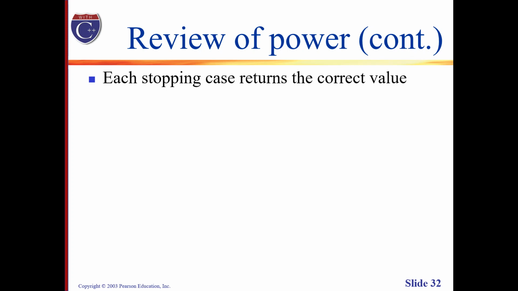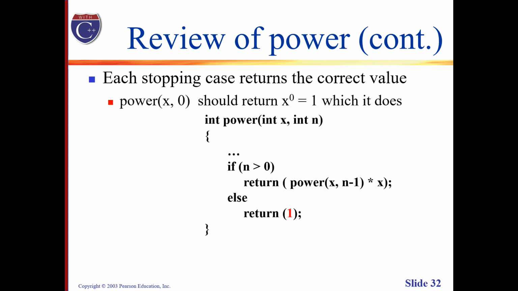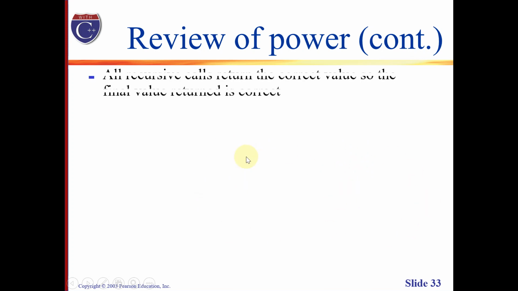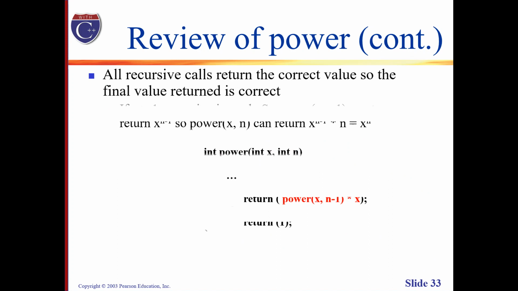It should be noted that each stopping case returns the correct value. For instance, given that we have the following arguments, which would give us x raised to 0, which is 1, which does the following. All recursive calls return the correct value, so the final value returned is correct.